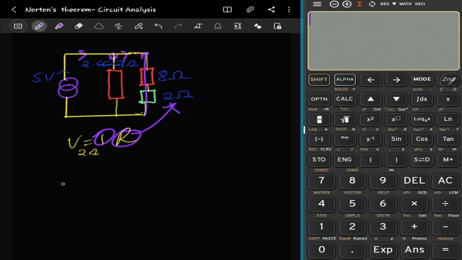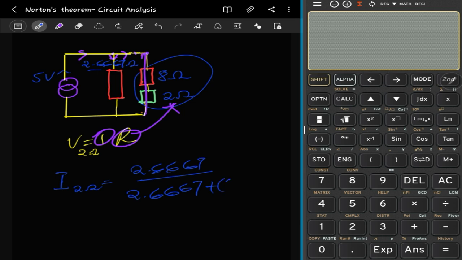That the current through that branch, which ends up being the current through the 2 ohm resistor, will be what? The other, this one here, this resistor, which is 2.6667, all over 2.6667, right? But then we add something. What do we add? We add whatever it is that is here, right? But this one here actually is series, so we can add them straightforward. So that's about 8 plus 2.